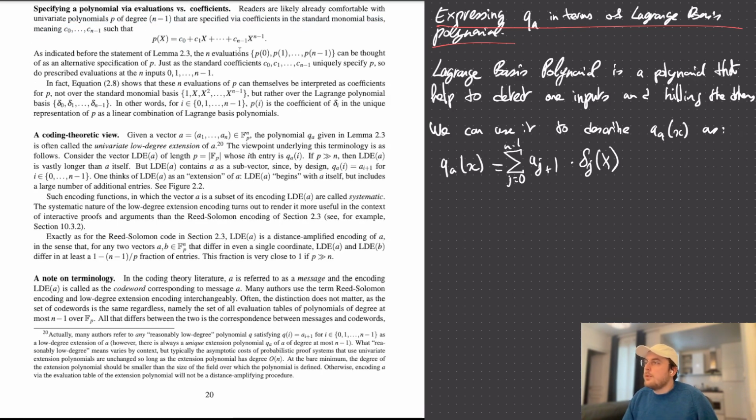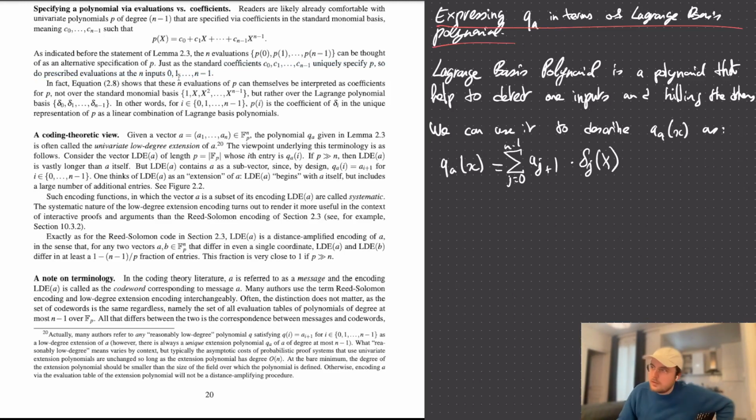As indicated before Lemma 2.3, the n evaluations p of 0, p of 1, up to p of n minus 1 can be thought of as an alternate specification of p. Just as the standard coefficients uniquely specify p, so do the prescribed evaluations at the n inputs 0 until n minus 1.